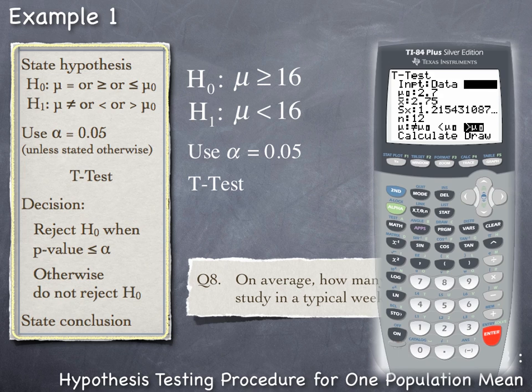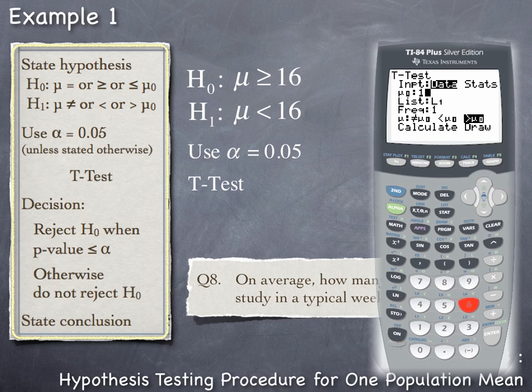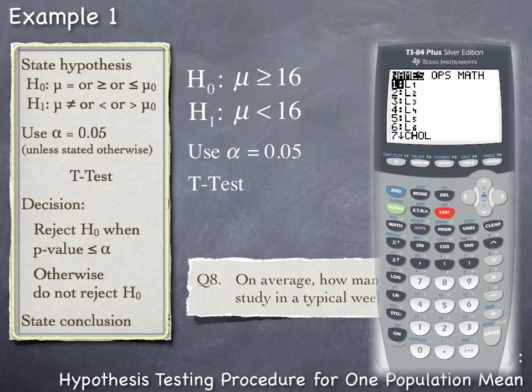Now here we have the actual data. So we arrow the cursor over to data and press enter to select data. Down arrow. Mu0 is the actual value that shows up in the hypothesis. In this case, it's the 16 hours per week, so I enter 16. Enter. List denotes the list where the data has been entered in the calculator. To get to the list, I press second and stat to display the list of data.